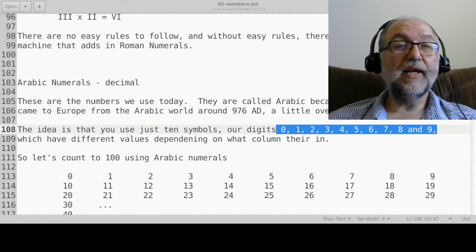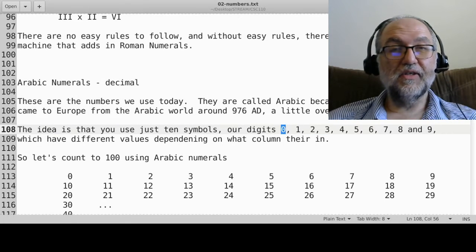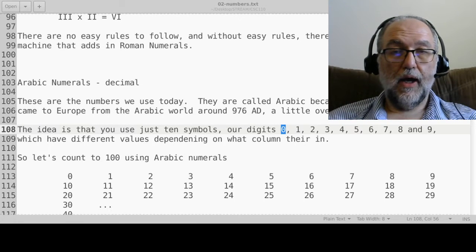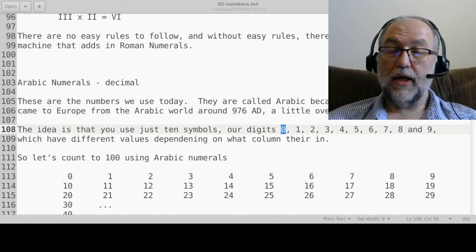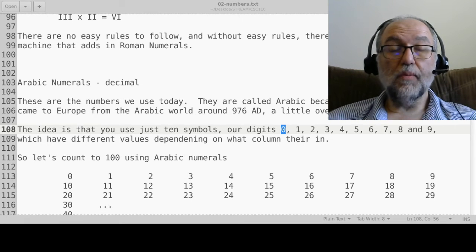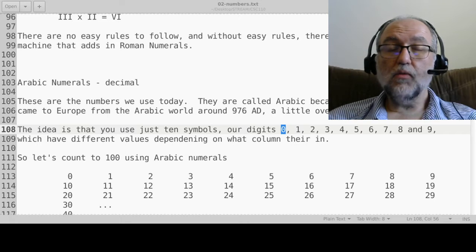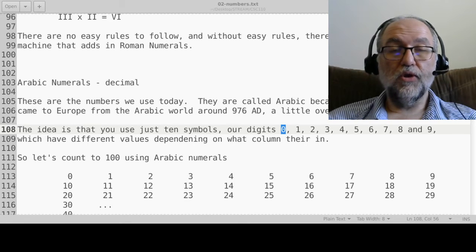The most important of these is this one, 0. 0 is a magical number, and in the decimal system, 0 becomes a placeholder, and you'll see why placeholders are very important. There was no 0 in Roman numerals. There was no reason to have to write a 0.